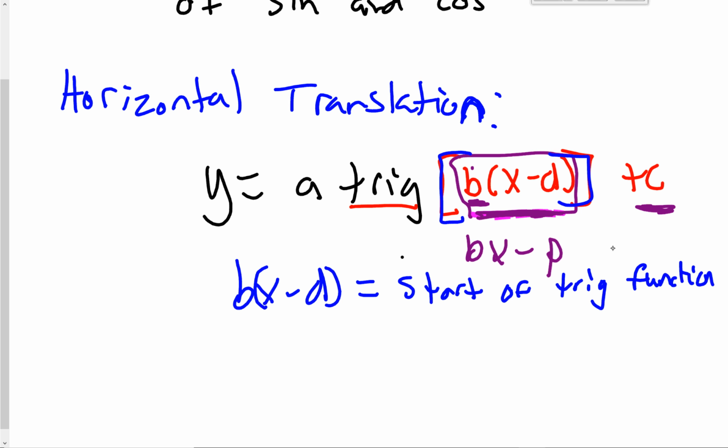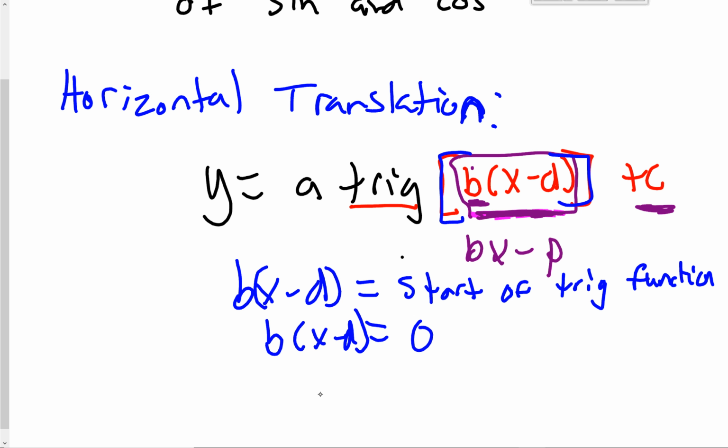Sine and cosine start at 0, so I always set what I'm taking the trig function of equal to 0 for sine and cosine. Really all of them start at 0 except for tangent. Tangent starts at negative pi halves, so we set it equal to negative pi halves.